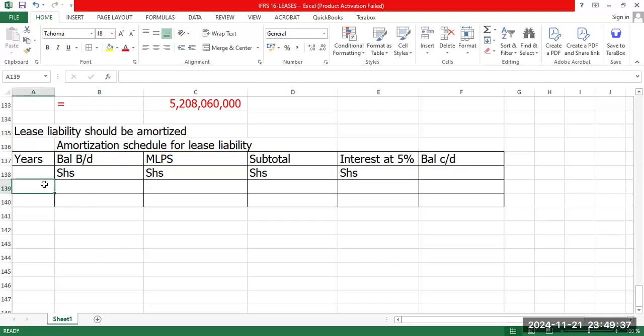So you will need to start with the year. The first year of the agreement is going to end on 2019. Remember our reporting period is 2020. So I put 2020, I add another 1 year.